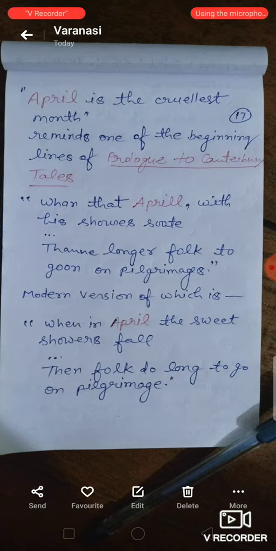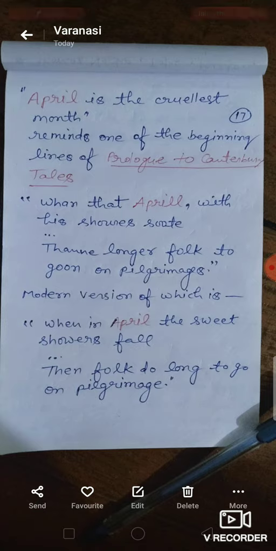It means they are getting ready to go on some pilgrimage. They are doing some work for the divine purpose. This is what they used to do in April, because April is considered to be a very good month for them in England.